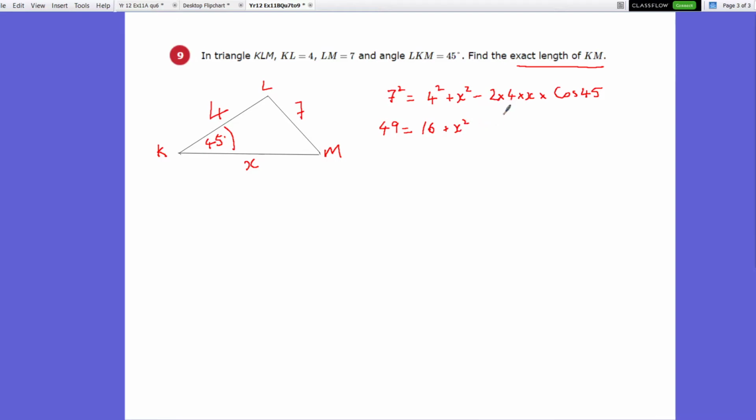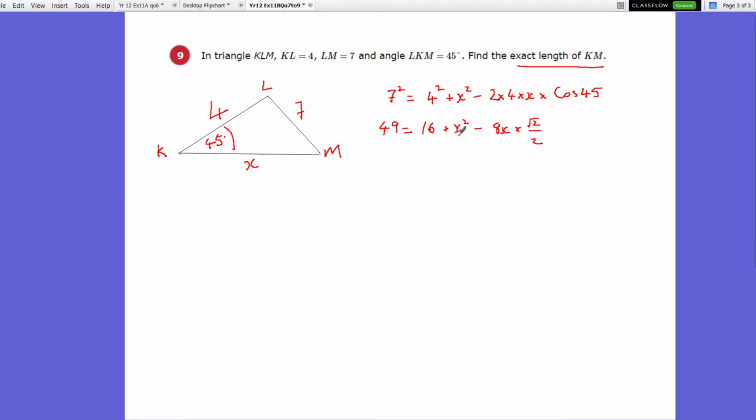And we've got 2 times 4 times x is 8x. Now cos 45 is root 2 over 2. Now with root 2 over 2, those 2's are going to cancel. 2 goes into 8 4 times. So we'll do that in a second.